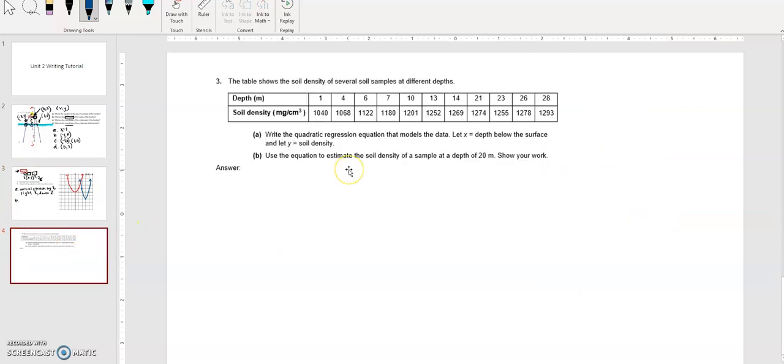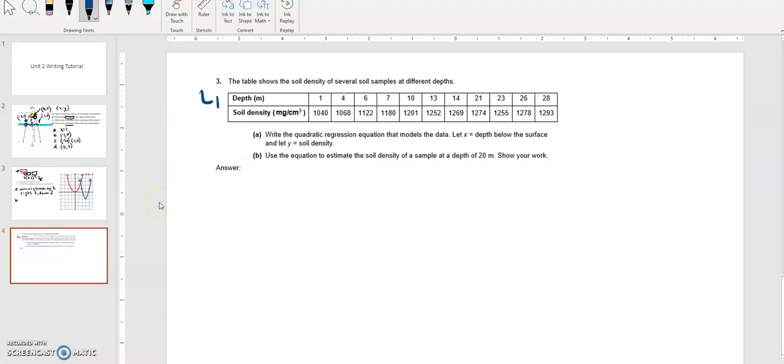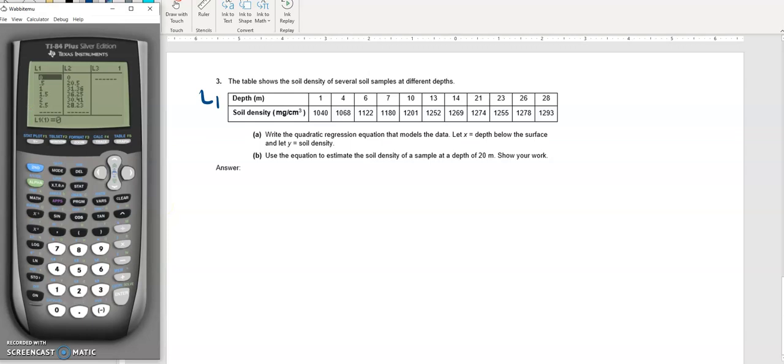All right, and the last thing that we're going to do on this is a quadratic regression. So you're going to use your calculator to hit the stat button, and then you're going to edit your list. So what we have on the left side should be our L1, and that's going to be this top row of numbers.